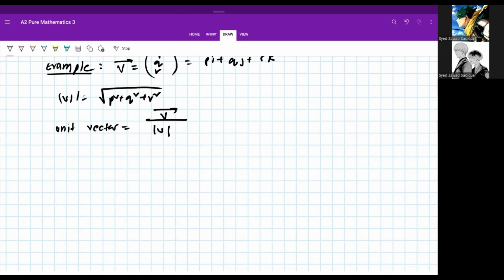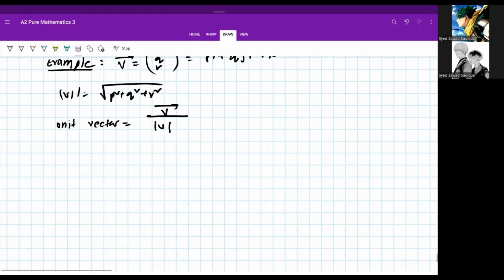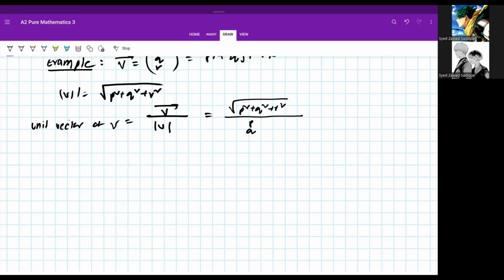So the unit vector of V is (P, Q, R) divided by root of P squared plus Q squared plus R squared. That's that.